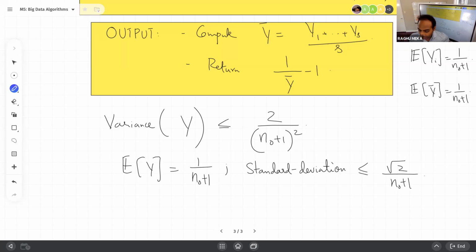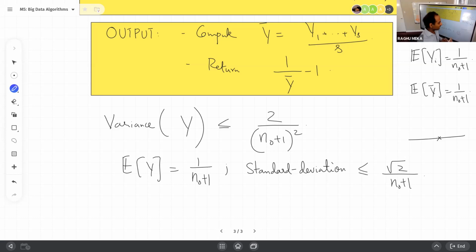So the standard deviation is roughly of the same magnitude as the expectation, which is not very good by itself, right? You should think of standard deviation as giving you the width of the interval around which your random variable lies, roughly speaking.